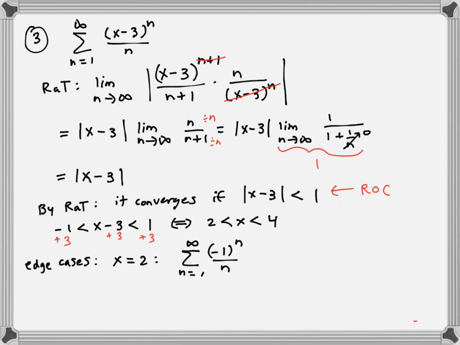This was actually a problem that we did in our first example in the alternating series test. This guy converges by the alternating series test, and I want to say see example 1 in, let me see, I believe that was section 11.5, right? Yeah, 11.5.